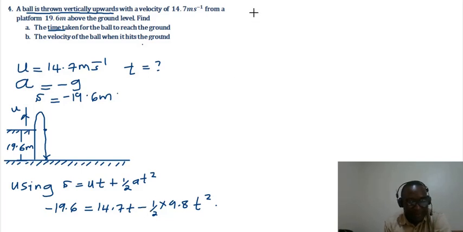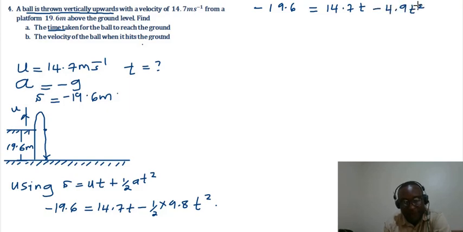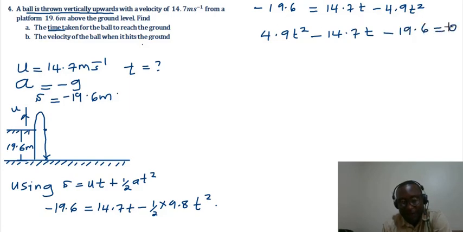Alright, so on simplifying this, we have negative 19.6 being equal to 14.7t minus 4.9t squared. So the quadratic equation becomes 4.9t squared, I'm bringing these terms this side here, minus 14.7t minus 19.6, giving us a 0. So we need to solve the quadratic.